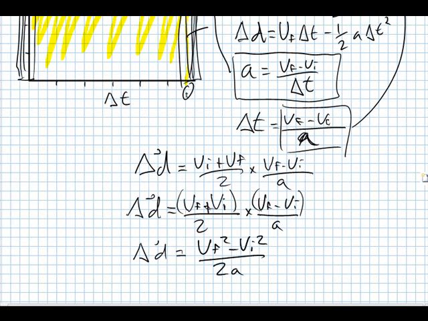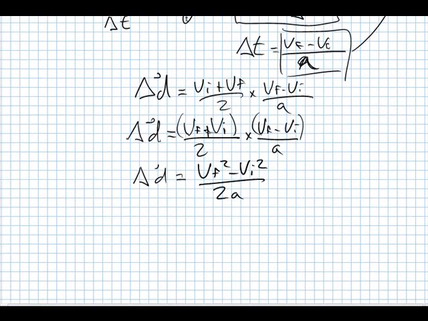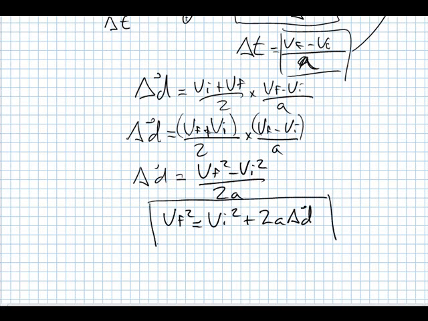And usually we rearrange this equation by moving everything onto the other side except for vf squared, and we wind up with vf squared is equal to vi squared plus 2a delta d. And that is our fifth and final equation.